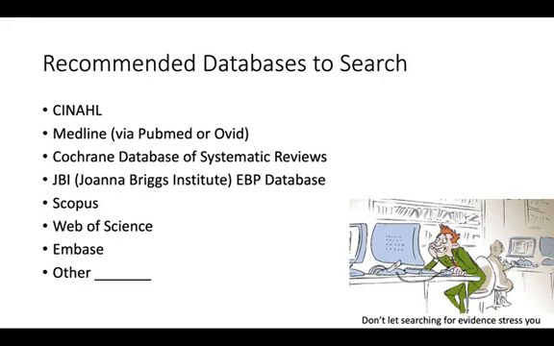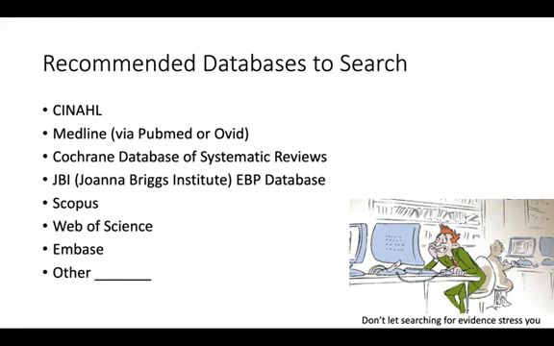So nurses use this a lot. Medline is the medical database of literature. And you'll see here I have via PubMed or Ovid. Those are the vehicles through which you can get to Medline, and they all have pretty much the same articles indexed in them. Then there's the Cochrane Database of Systematic Reviews.